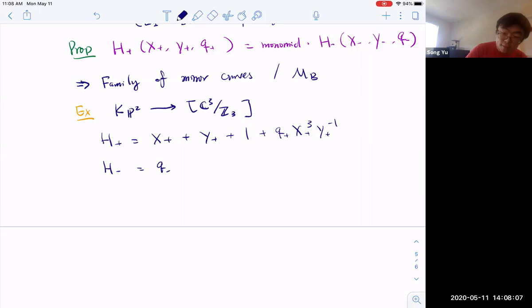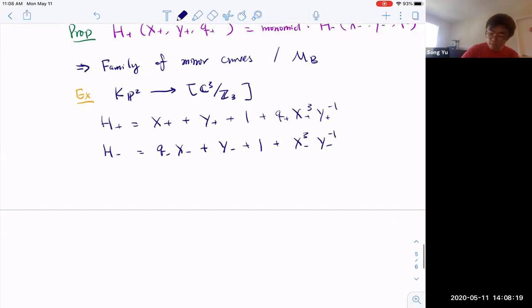The result is q minus x minus plus y minus plus 1 plus x minus to the third y minus to the negative 1. So you see that the exponents of x and y match up term-wise.